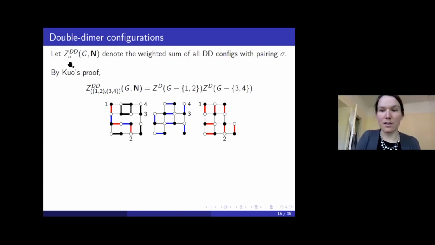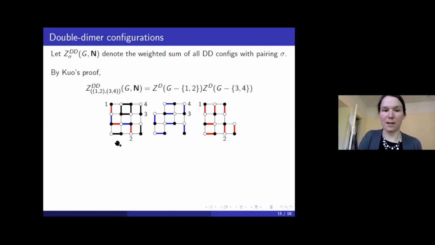And in Kuo's proof, the following identity was sort of implicit: the number of double dimer configurations on a graph with 4 nodes with the pairing 1, 2, 3, 4 is equal to the product of the partition function for dimer configurations on the graph with 1 and 2 removed times the partition function on the graph with 3 and 4 removed, right?